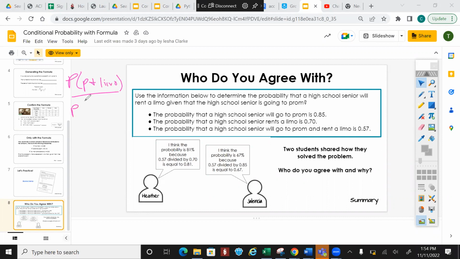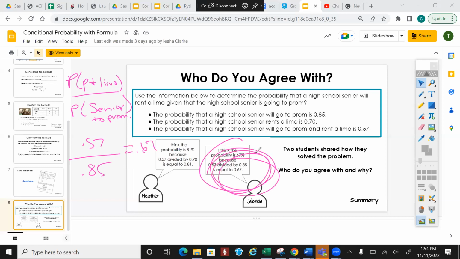And the probability that they are going to prom, so a senior, going to prom. So this is going to be 0.57 out of 0.85. When you do that, that's going to be 67%, which is what? Valencia. Yay!